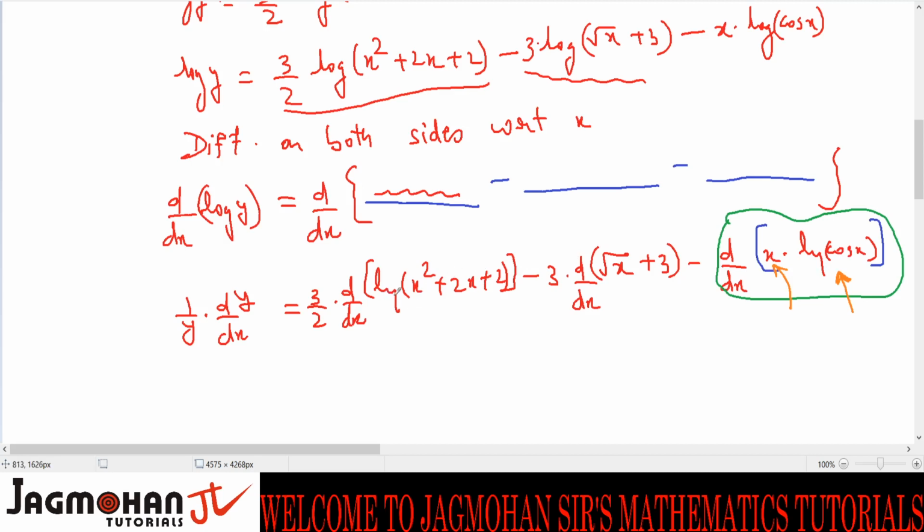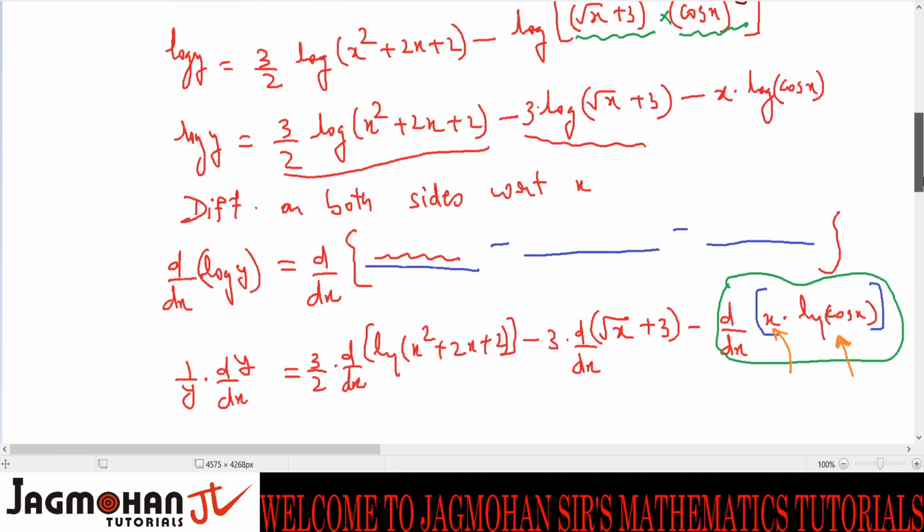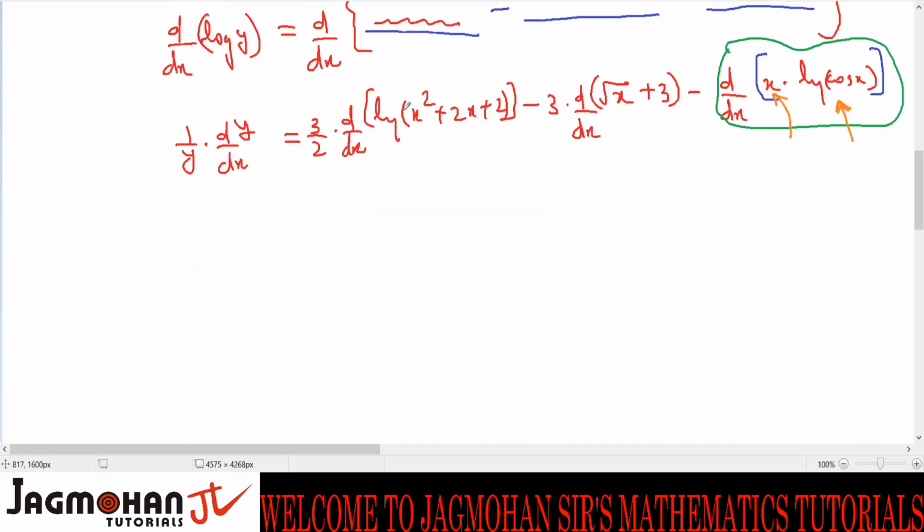It was just one function, the log function, the square root function plus 3. But here I am getting the product x into log cos x. And the reason for that was this: here the power was variable. It was variable raised to variable, and because of this x in the power, we are getting x into log cos x. You should try getting that concept.